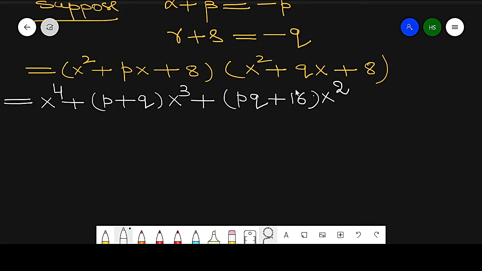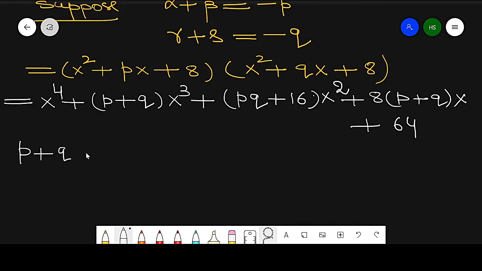These are three terms. Now x: 8px and 8qx, so 8 times p plus q into x, plus 64.